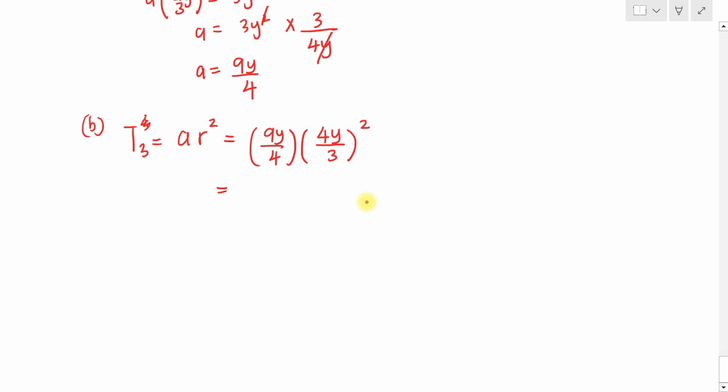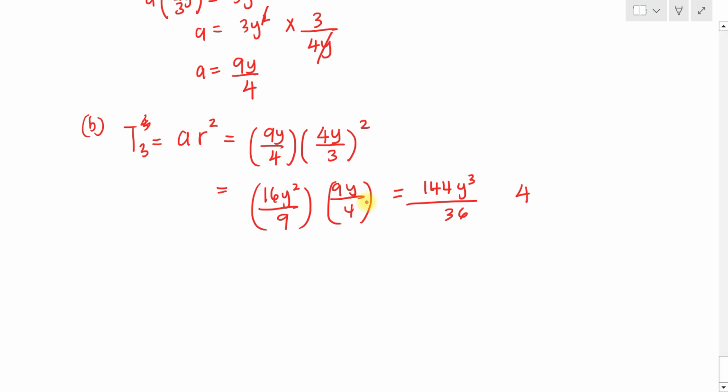So 16y squared over 9, times 9y over 4. I square first, so 16 times 9, 144 y cubed over 36. 144 over 36 is 4, so 4y cubed. Okay, that is the answer.